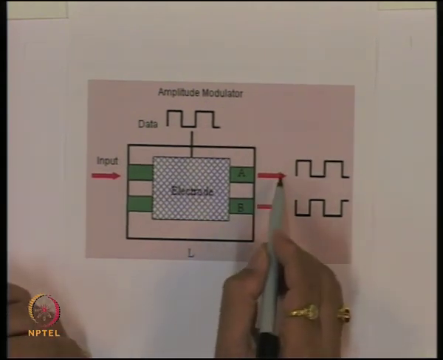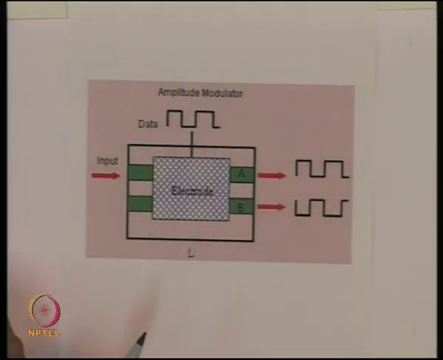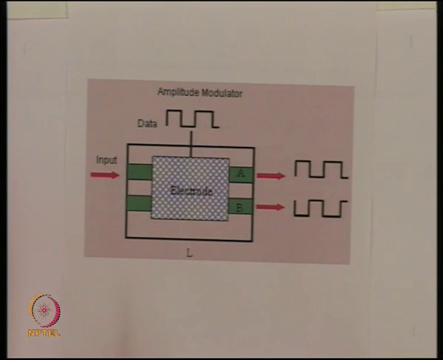But if we consider one of the outputs, essentially we have created amplitude shift keying or intensity modulation. So, by making the directional coupler on an electro-optic material substrate, we can create the intensity modulation or the amplitude shift key.